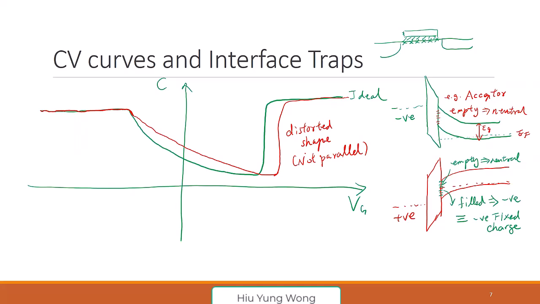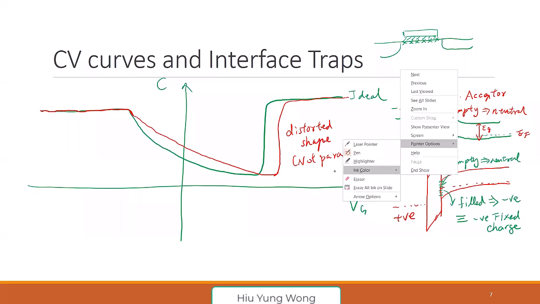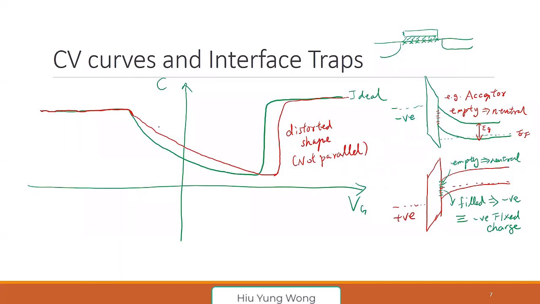Now, besides this, there's also one more important feature. In reality, you will see the CV become larger in some portion because you have the capacitance due to the trap capacitance. A little bit difficult to explain, but how do we explain it?